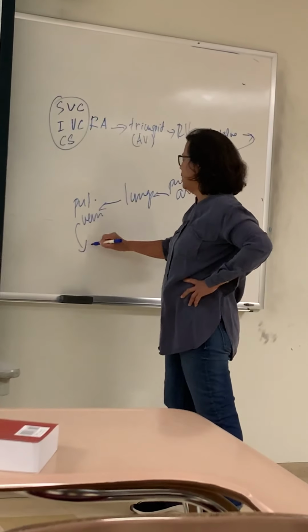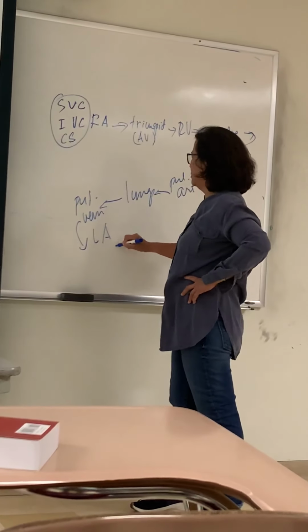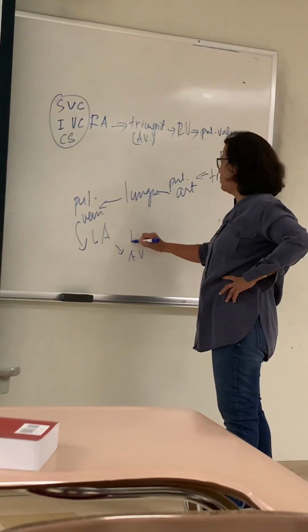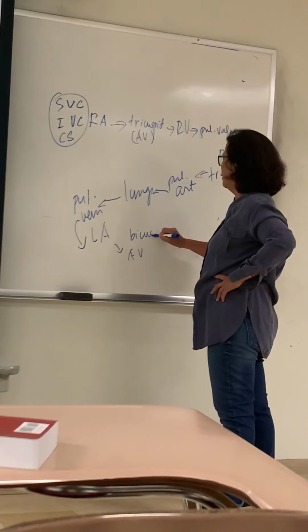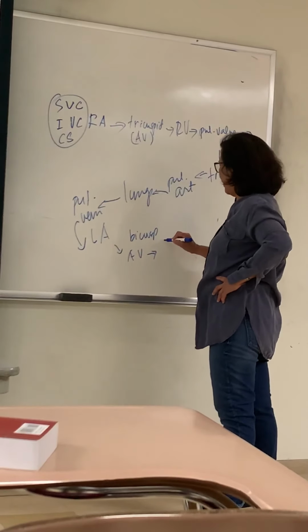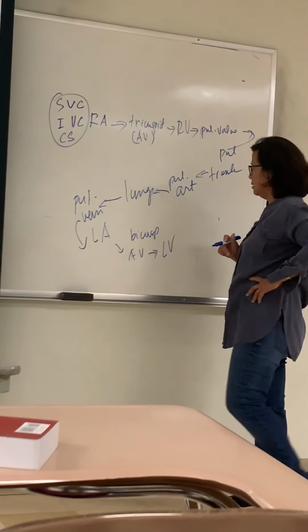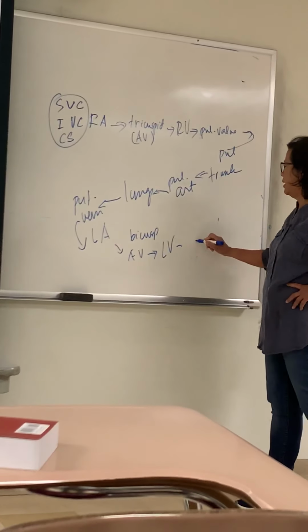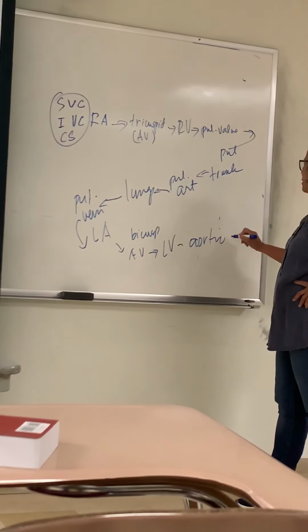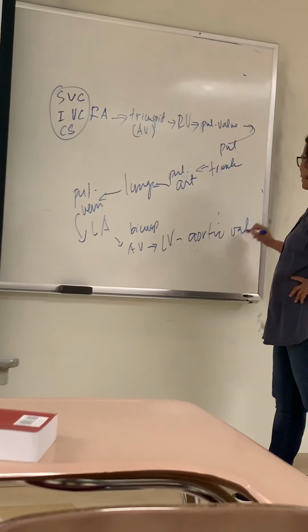After the vein, left atrium, and then AV valve, bicuspid, and then left ventricle, okay, and then aortic valve, and then aorta.